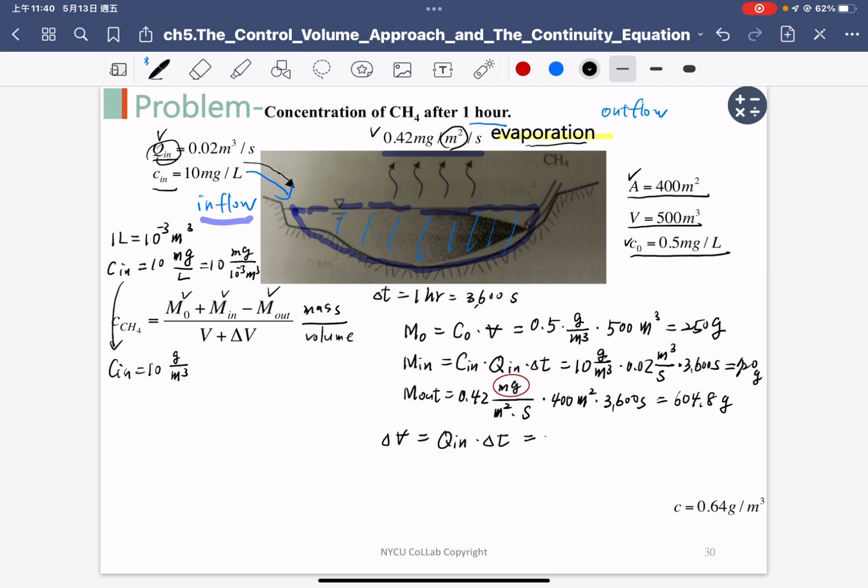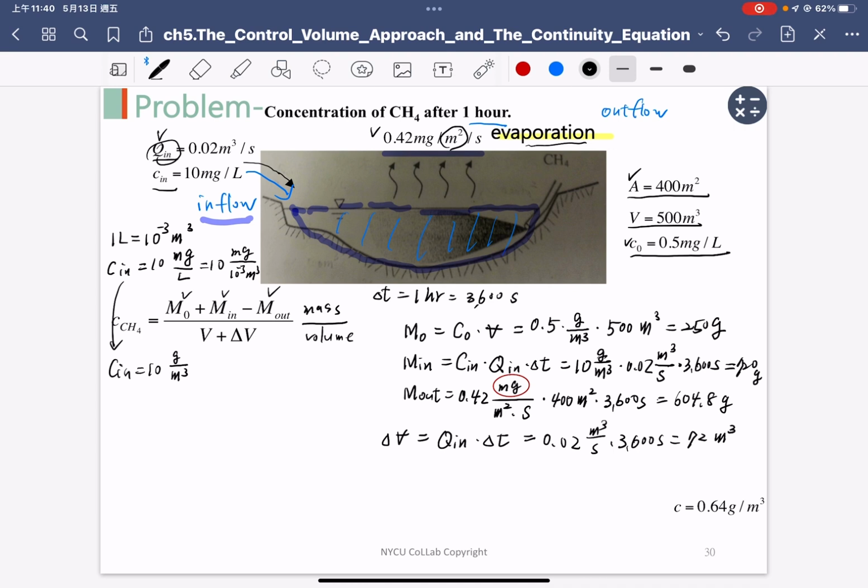Q in is 0.02 meter cubic per second, multiplied by 3600 seconds, and the answer is 72 meter cubic.